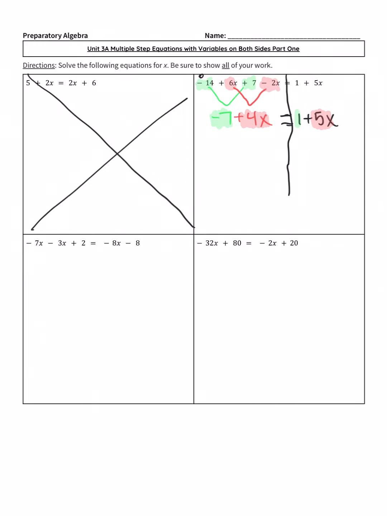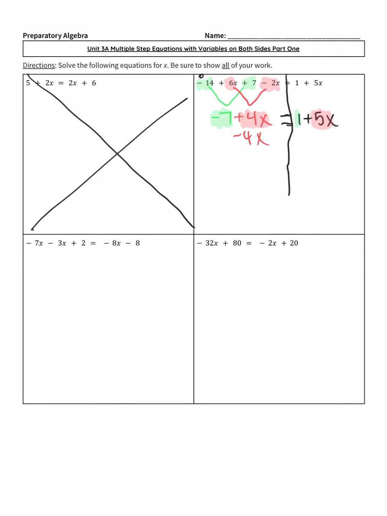Okay, so to move a term across the equal sign, I have to do the opposite. I can see here I have a +4x, so I need to use the inverse operation to move this term over here. So in order to get rid of this +4x, I need to subtract 4x from this side.